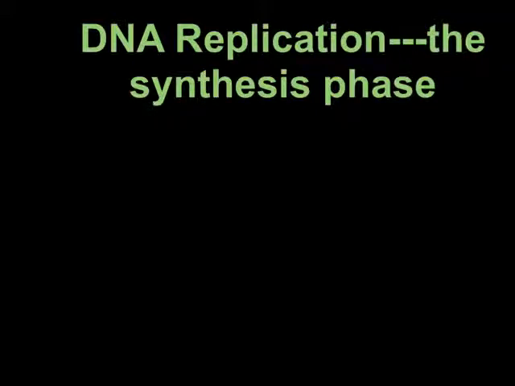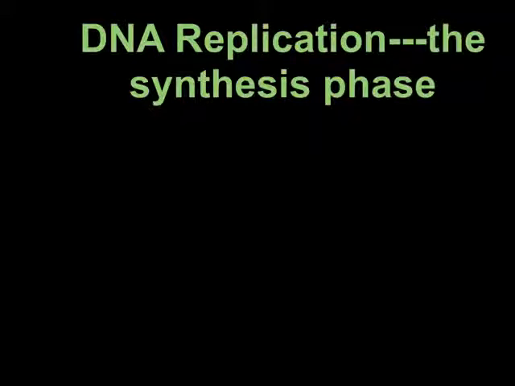So first, before we talk about DNA replication and how it occurs, we first want to talk about what it is. So DNA replication is just what it sounds like. It's going to be copying the DNA to make an identical copy. And the whole purpose of that is so that both of the offspring cells have the same DNA when they go through cell division.